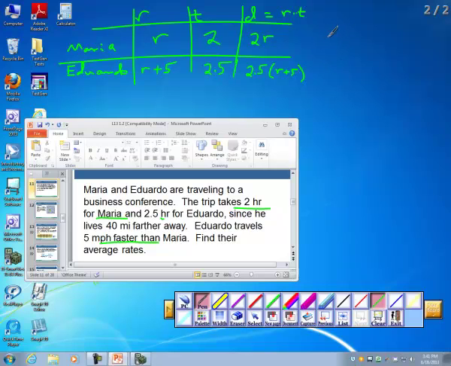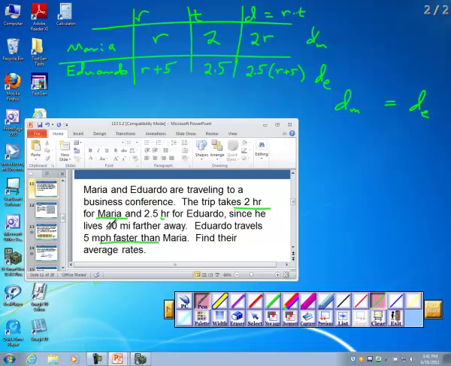Now from here, this would be the distance for Maria, which we'll call D sub M, and this would be the distance for Eduardo, D sub E. We know that the distance for Maria and the distance for Eduardo are not the same.